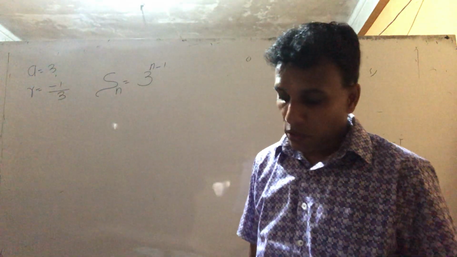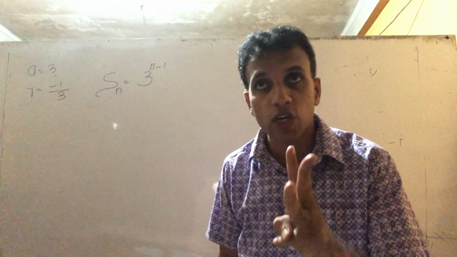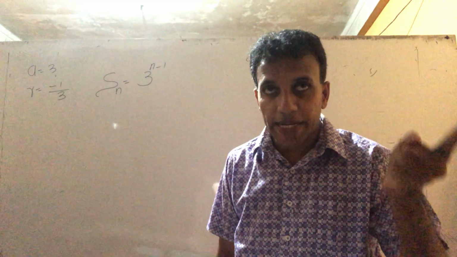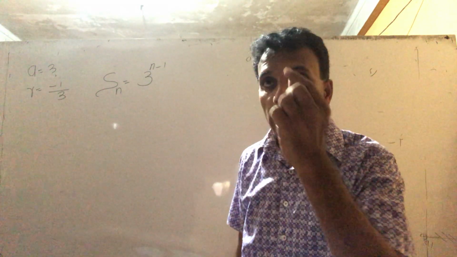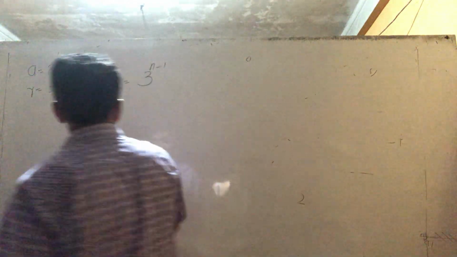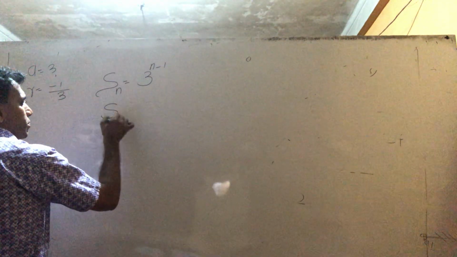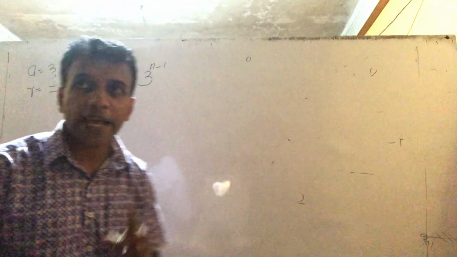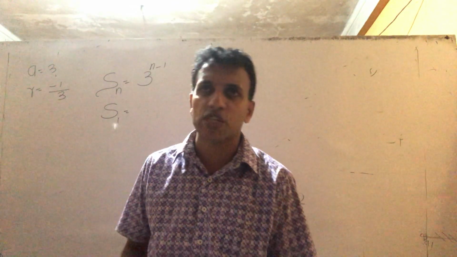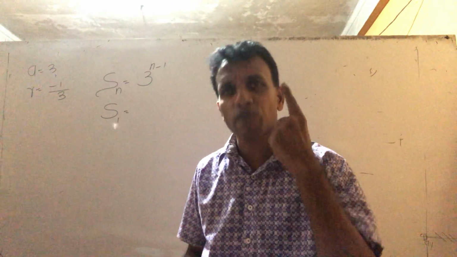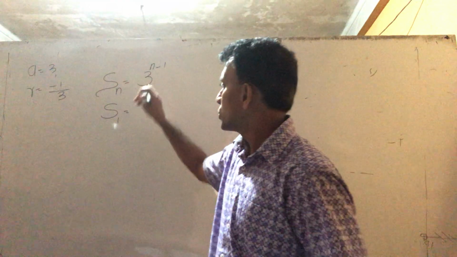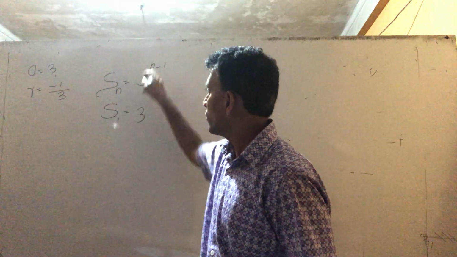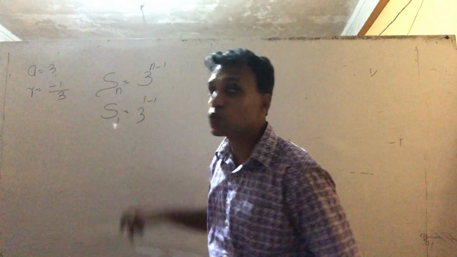Summation is given. So find the first 3 terms. Like the previous problem, put n for 1. What is n for 1 here? S1. S1 means one number addition, that is only one term.